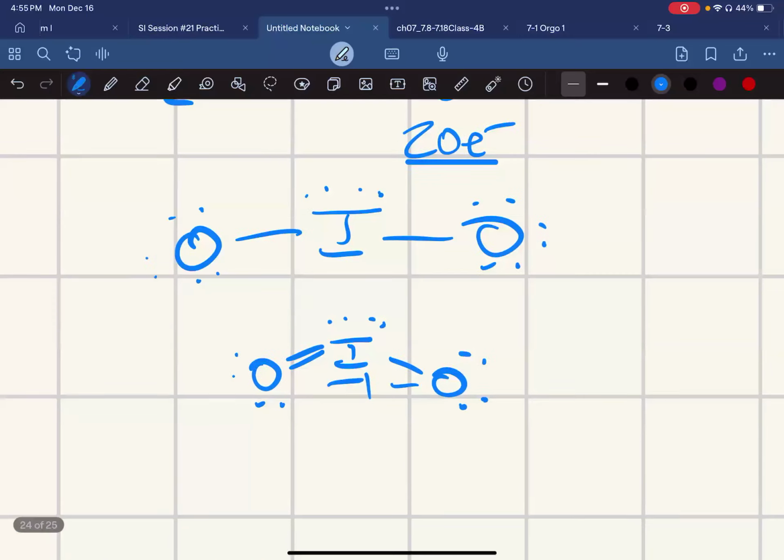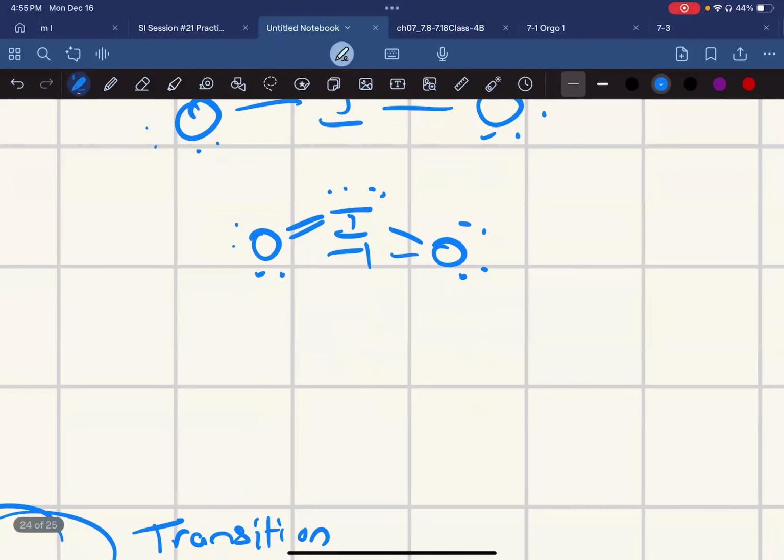While this is technically true, that's not a good thing to do. A better structure would have a double bond to one O and a single bond to the other, because you would rather have an oxygen have the negative charge than the I, since O is more electronegative than I.